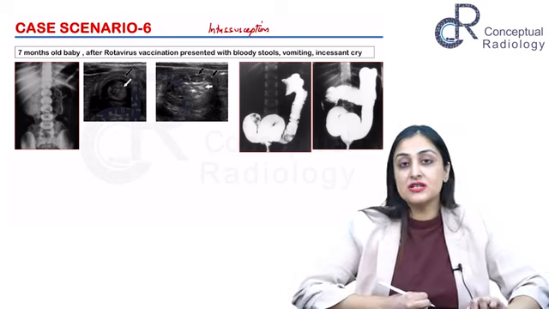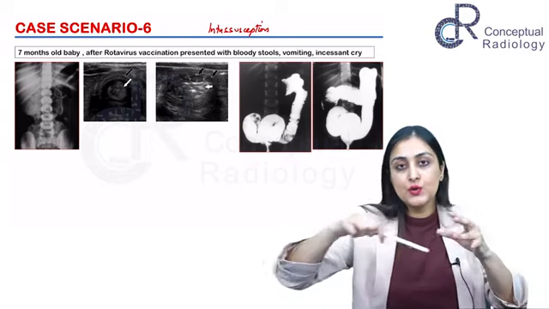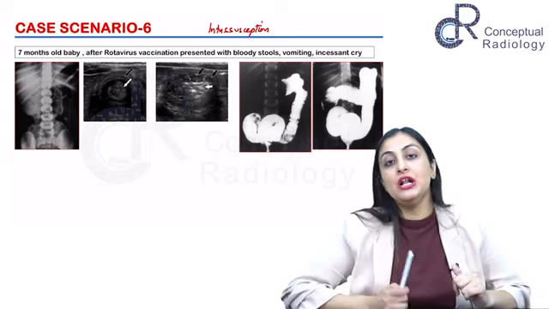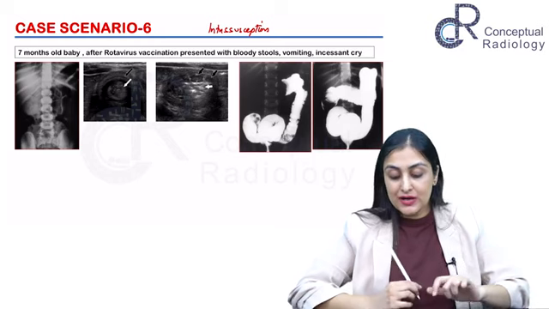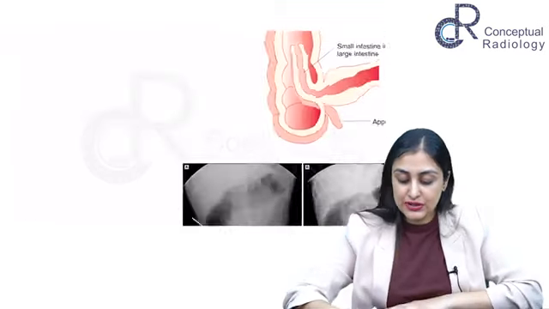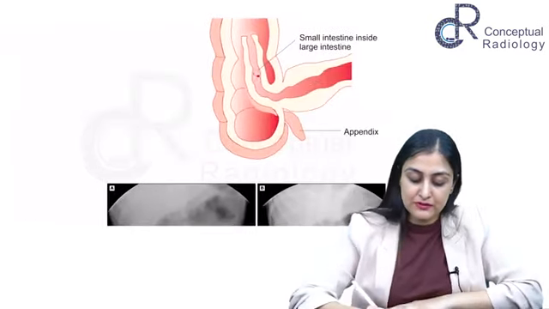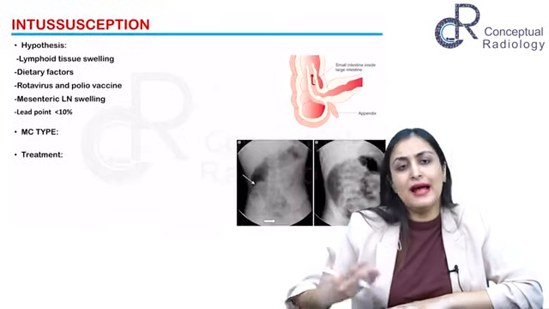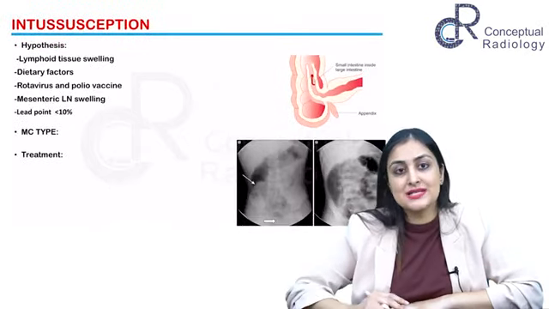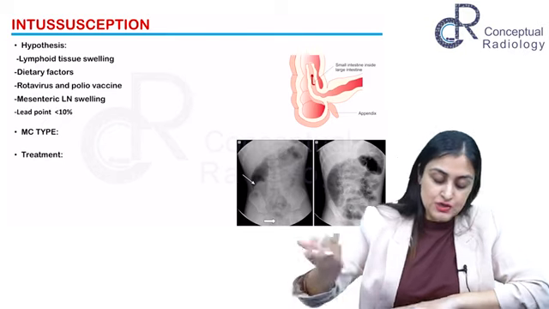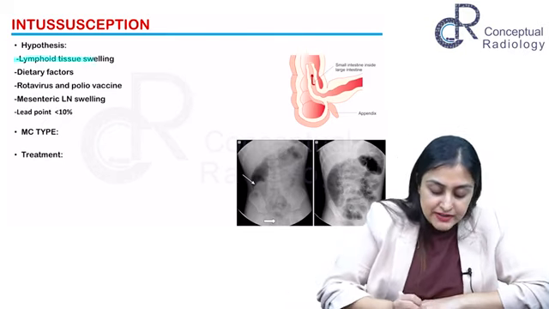So what is intussusception? It is the telescoping of one part of the bowel into the other, right? This is a schematic showing it. One part of the bowel goes inside the other, and there are various causes and hypotheses related to it. One could be lymphoid tissue swelling.